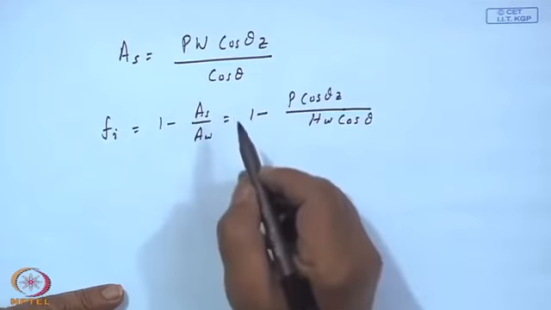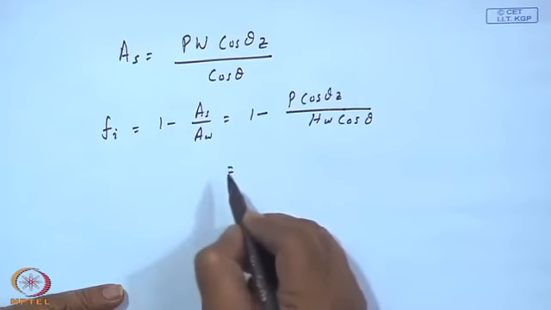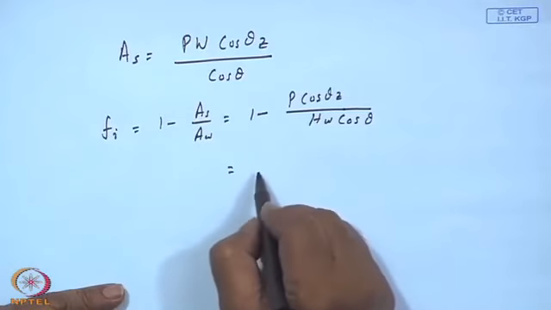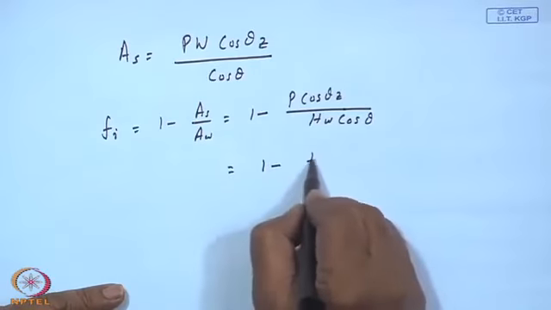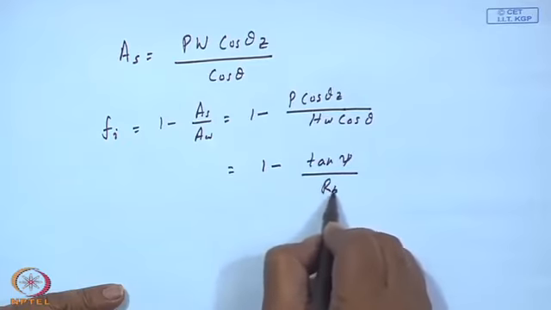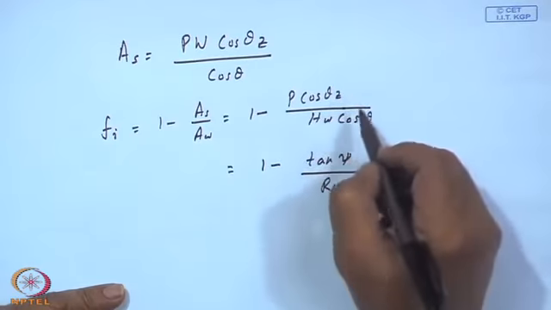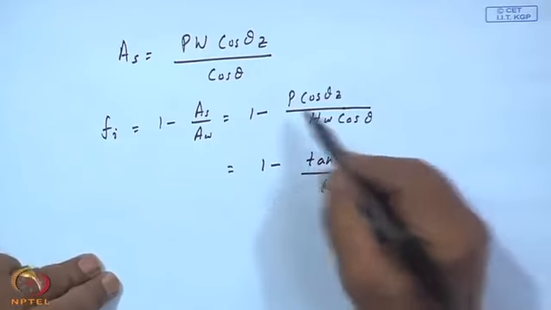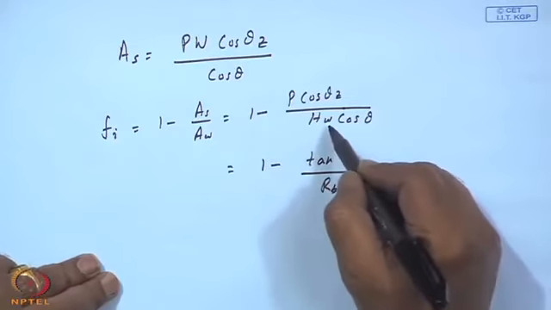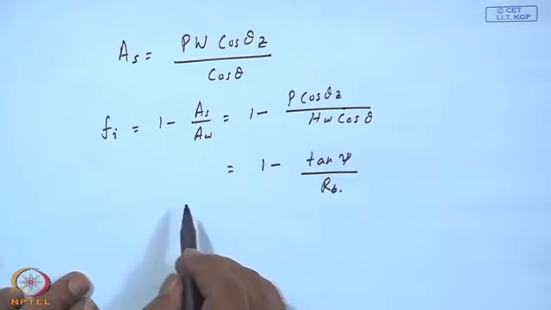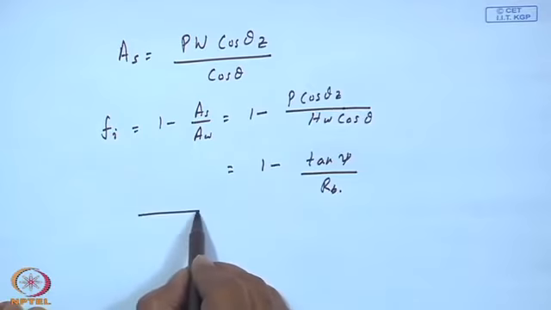A S is equal to P into y, and Fi equals 1 minus tan psi by R B, because cos theta by cos theta z is nothing but R B, and P by H W of the window is nothing but tan psi, where that angle psi is shown.